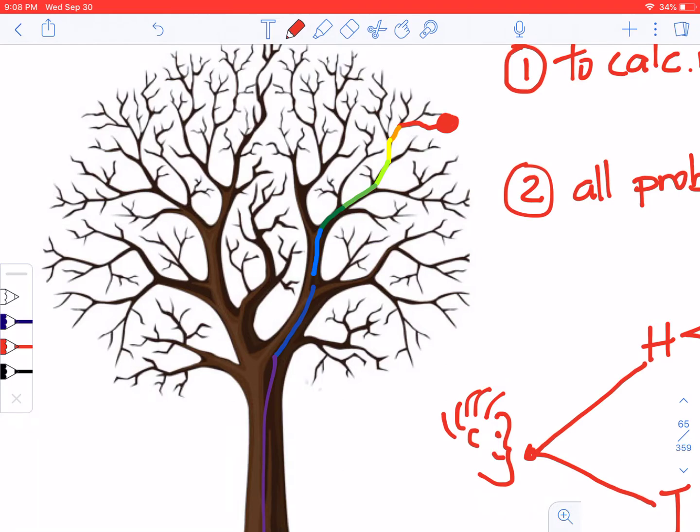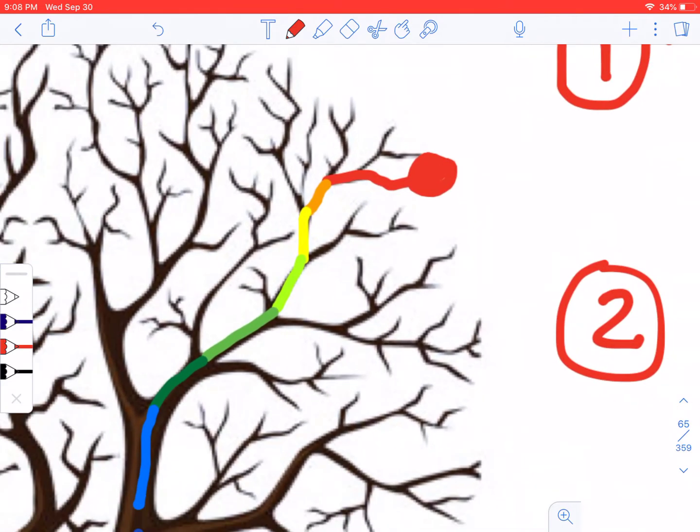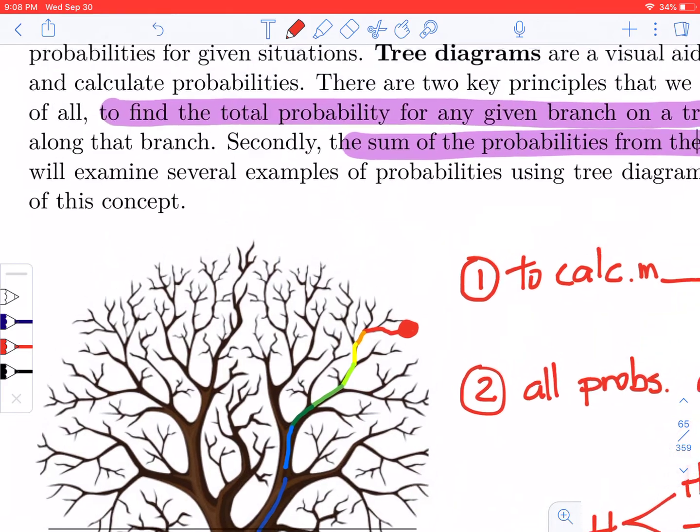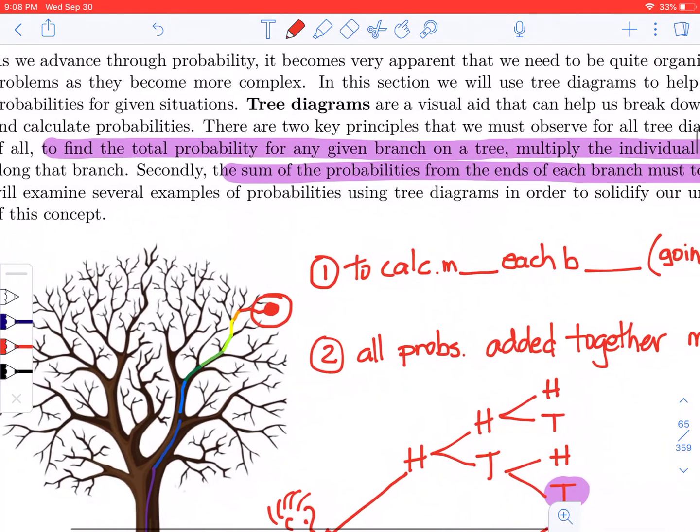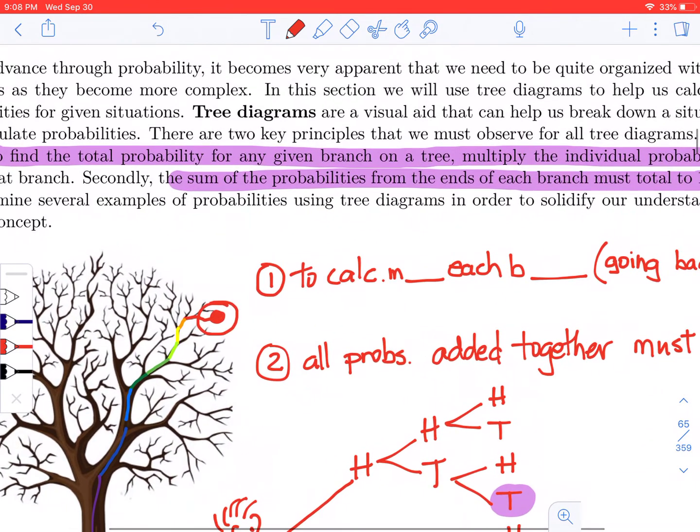Now we're going to start with that leaf and follow our path back to the trunk, and every portion of the branch will represent another probability. And those probabilities are going to be multiplied together. So to find any individual probability, like the probability of that leaf there, I have to multiply all those different probabilities along the branch back to the trunk.